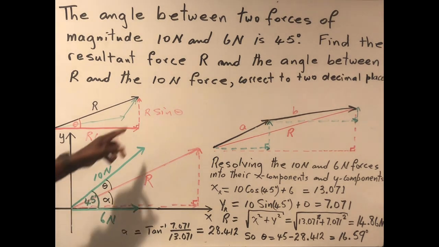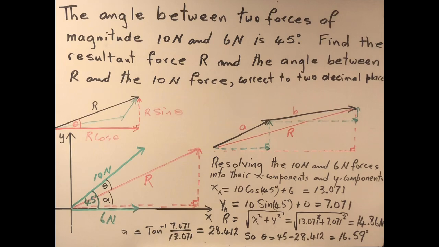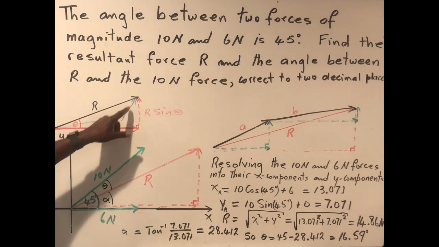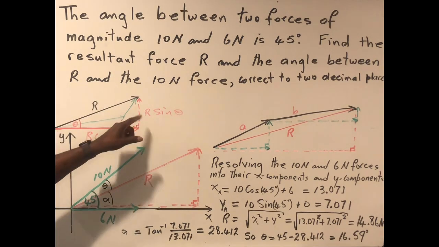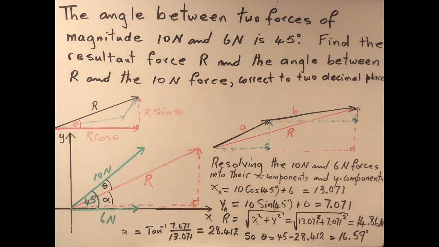We refer to these as the components of the vector r, and we refer to the process as resolving. So we can resolve r into the green pair, or we can resolve r into the red pair. As I indicated, the red pair is what we are most interested in because it sets up a right triangle that is very easy to work with.